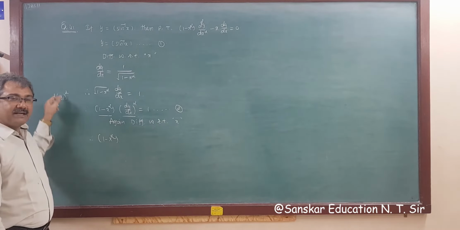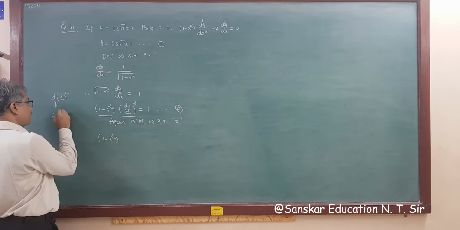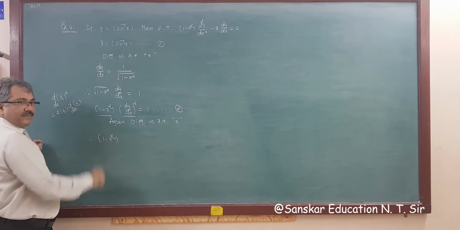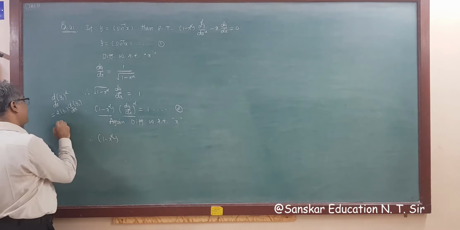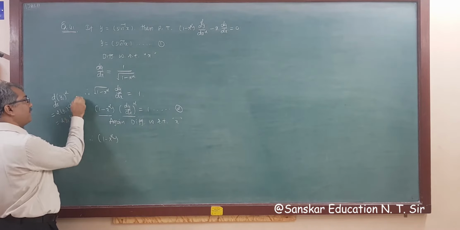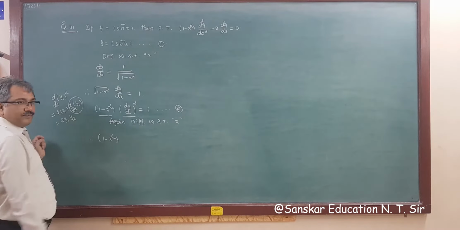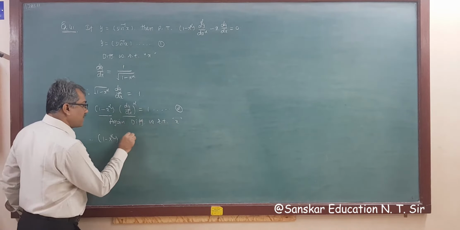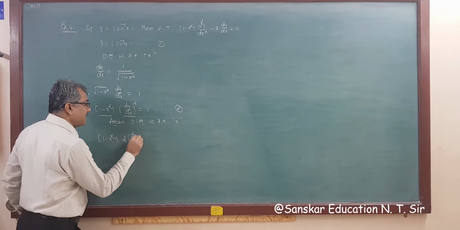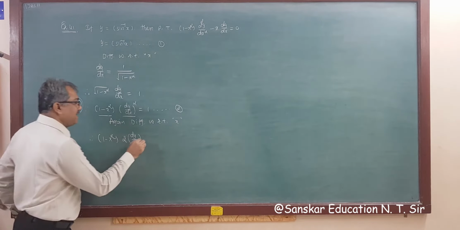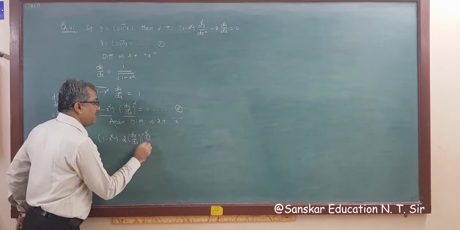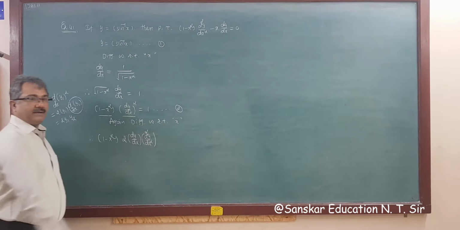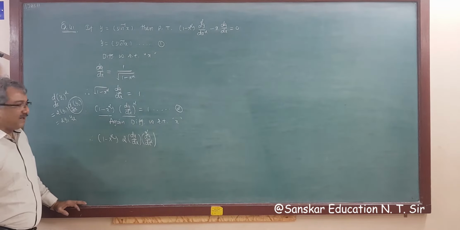This is a bracket raised to n, so this is 2 times bracket and derivative of y1 again, right? So what is your answer? 2 times y1 into derivative of y1, which is y2. This you know. So the derivative of (dy by dx) whole square is 2 times dy by dx, and the derivative of dy by dx is d square y by dx square, right?